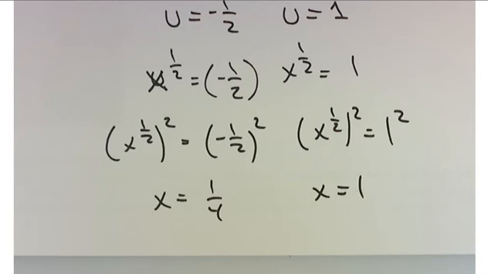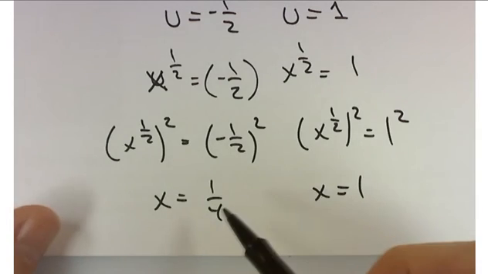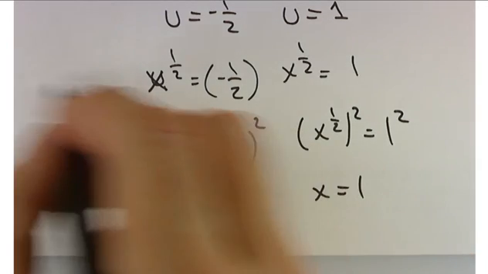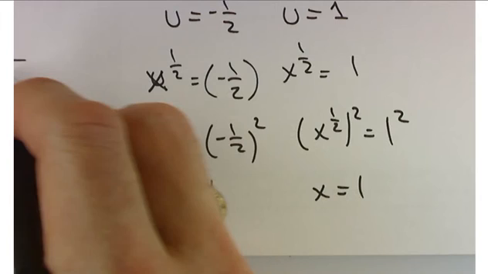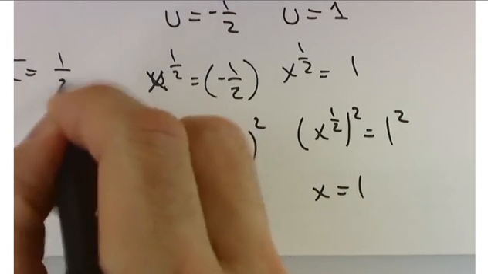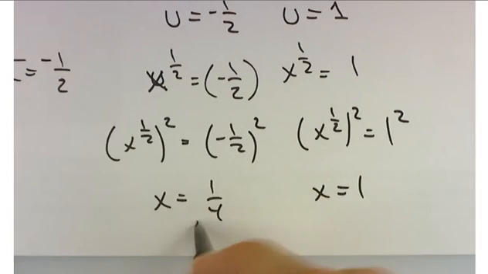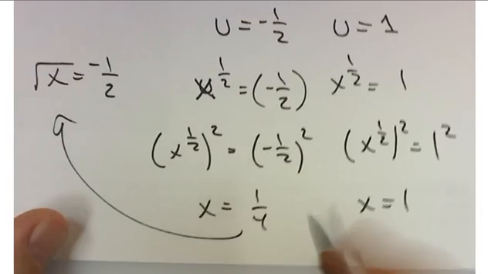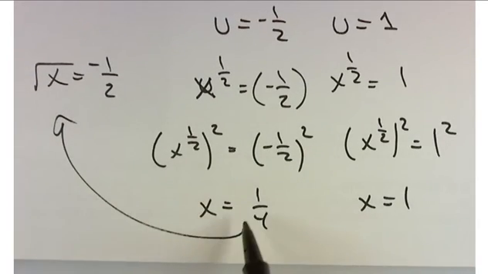All right, so this is the exact same kind of thing that we did in our handout, exact same problem. And the thing about this one is, right up here, when we had essentially the square root of x equals negative 1/2, that's what this equation is right here. What's the square root of 1/4?